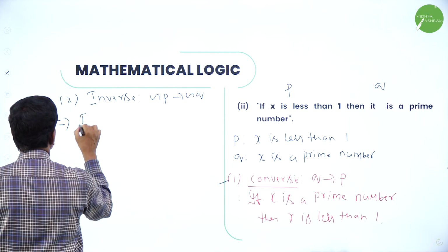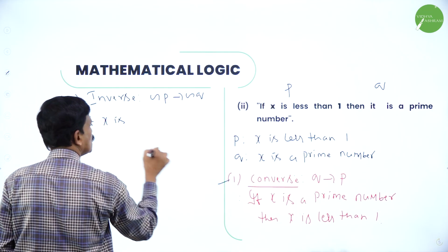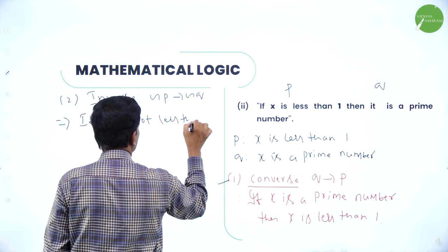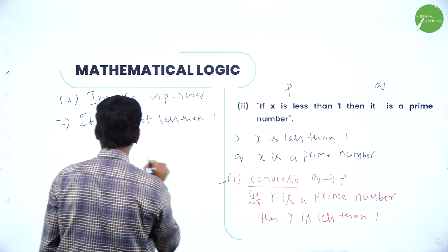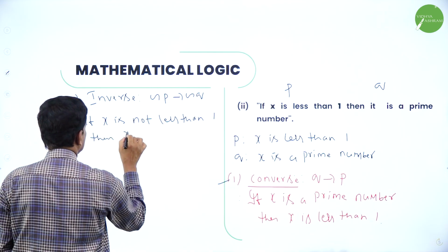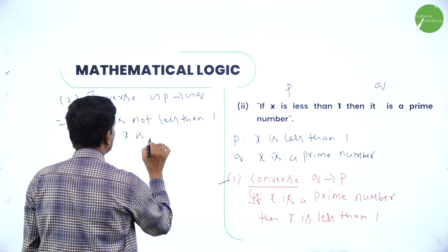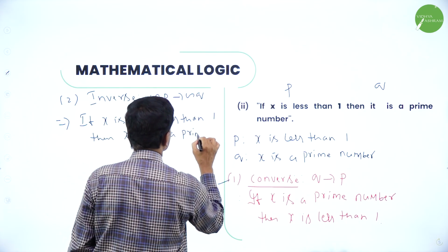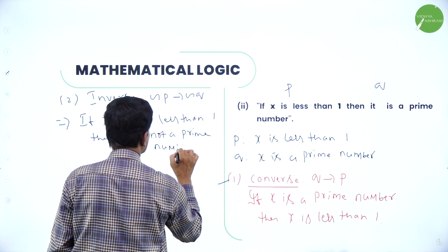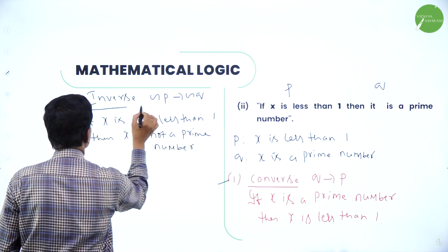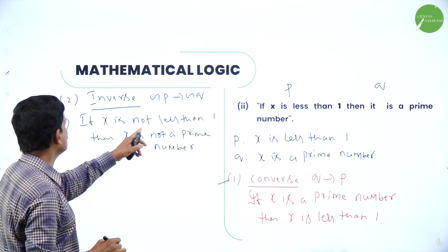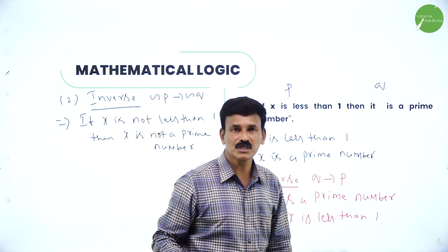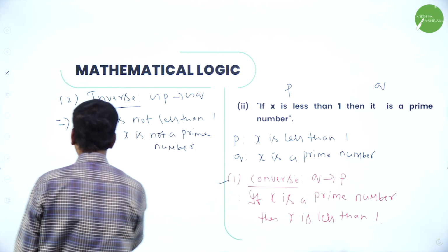So if x is not less than 1, then x is not a prime number. That's it. This is the inverse. Okay? Inverse.